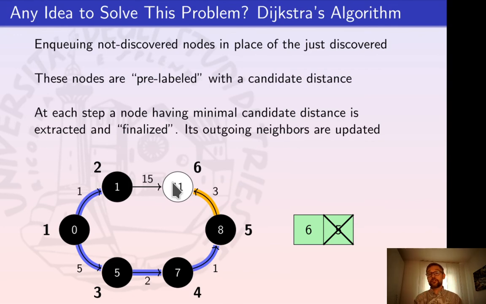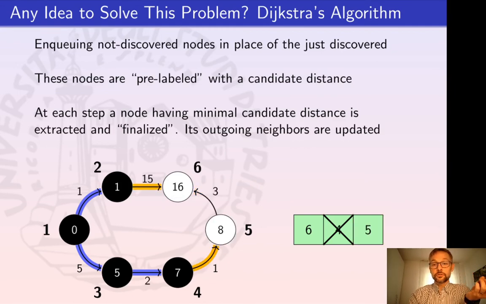Okay, so the idea is to avoid enqueueing just-discovered nodes, and instead enqueue nodes not yet discovered and not yet finalized, and we pre-label them by setting infinite distance, and as soon as they are reached we update their candidate distance.